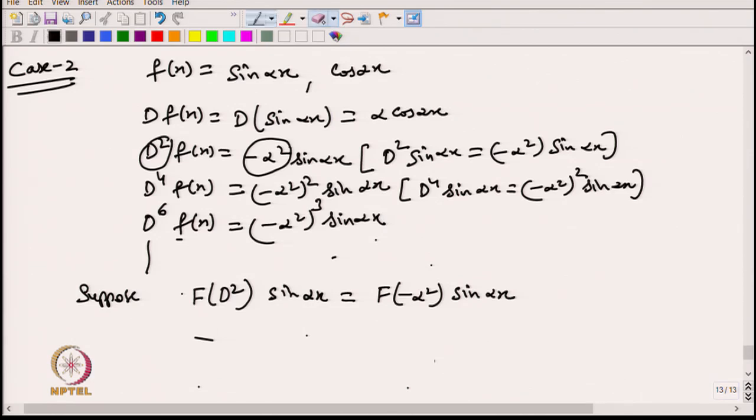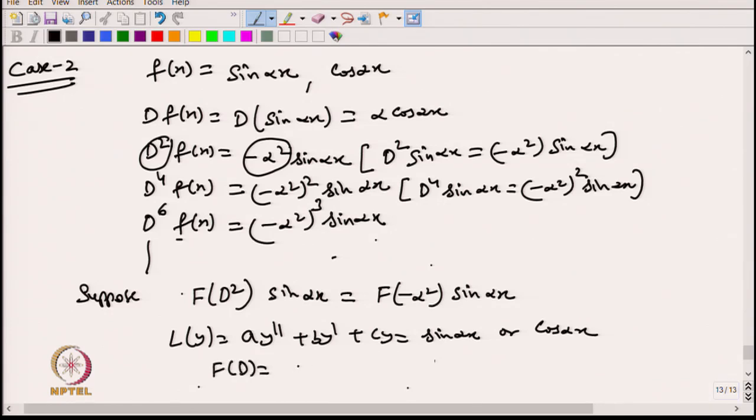Okay. So, now suppose I have my differential equation Ly in this form, a y'' plus b y' plus c y is equal to sin alpha x, or similarly I can define it for cos alpha x. So, in that case my f(D) will be a D square plus b D plus c.